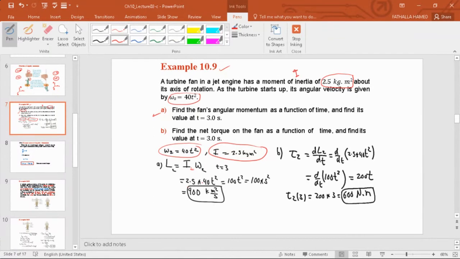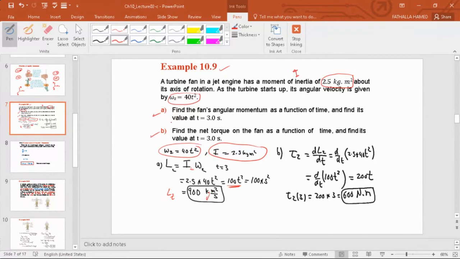I is 2.5 and omega z is 40 t squared, so that will give you 100 t squared. If you want to evaluate that at 3 seconds, you put in 3 squared, which is 9, and that will give you 900 kilogram meter squared per second. Is this clear? So that's now your angular momentum.